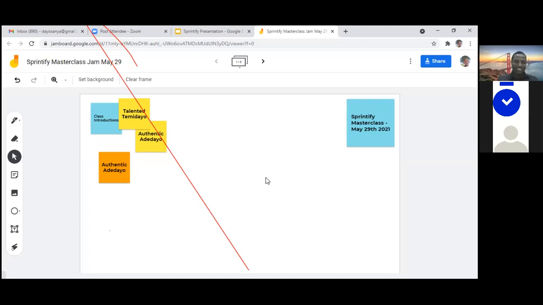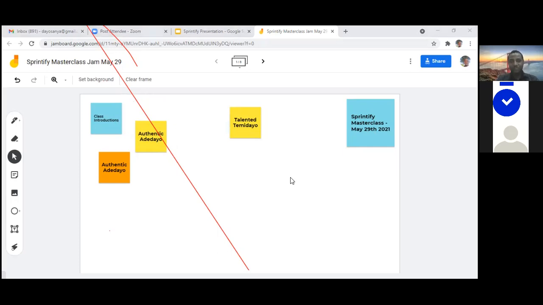I want to see us doing it because we'll be using this Google Jamboard as we go ahead for other things as well. So can you just introduce yourself using the Google Jamboard? Or is anyone having difficulty in using it?